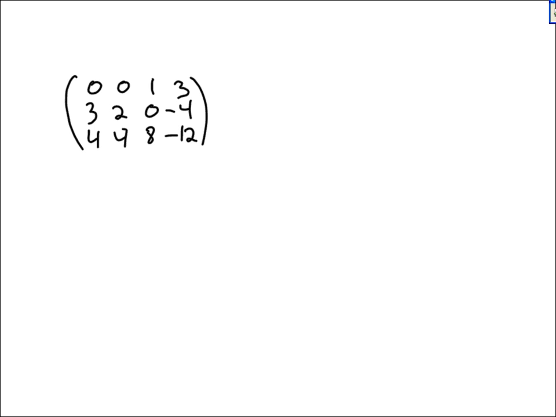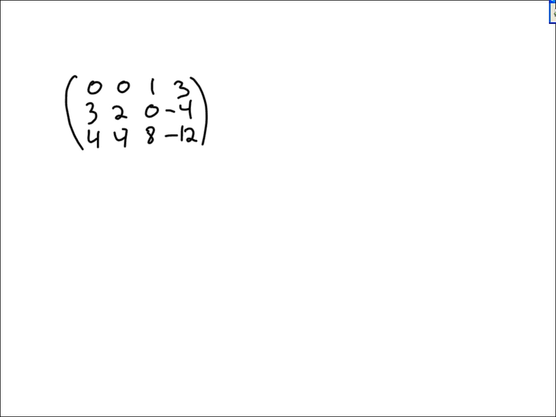I'm going to write down a matrix, and we want to get it into RREF form. 0, 0, 1, 3, 3, 2, 0, negative 4, 4, 4, 8, negative 12. Okay.